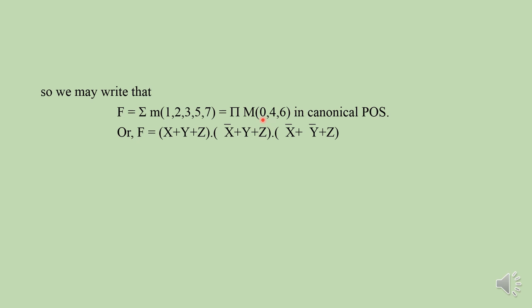So 0 means x plus y plus z, dot 4, that means 1 0 0, so here we write x bar plus y plus z, dot 6 means 1 1 0, so here we write x bar plus y bar plus z. So this is the canonical POS form. So in this process we can easily convert a canonical SOP to canonical POS form.